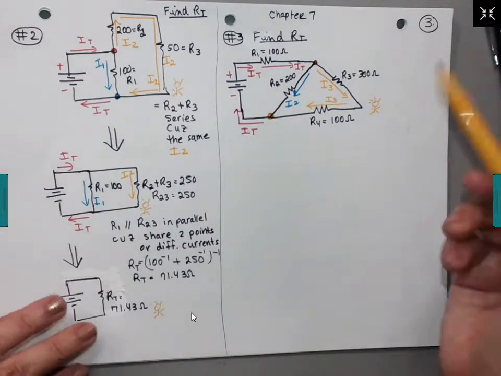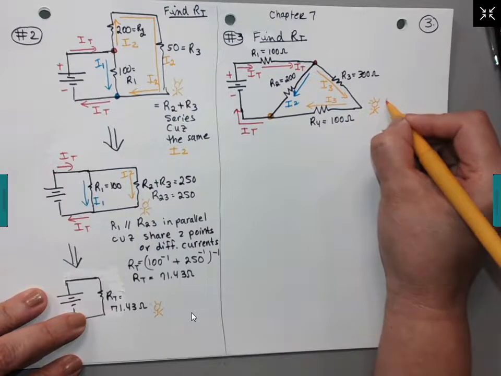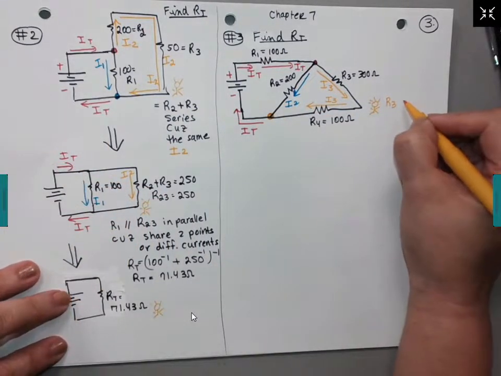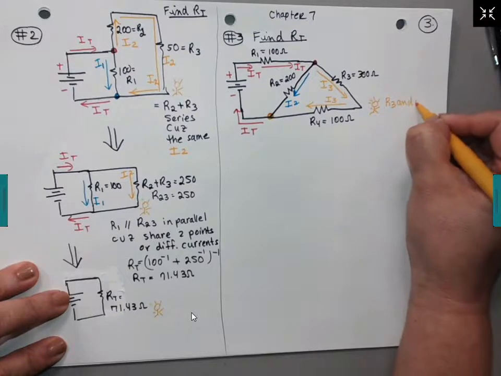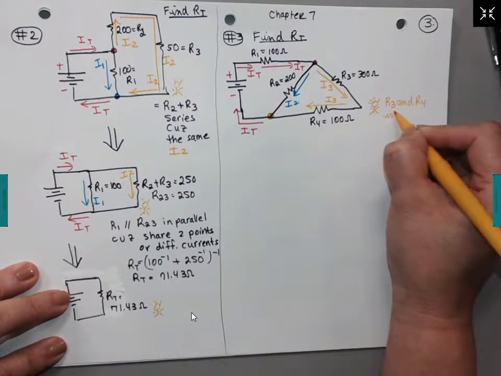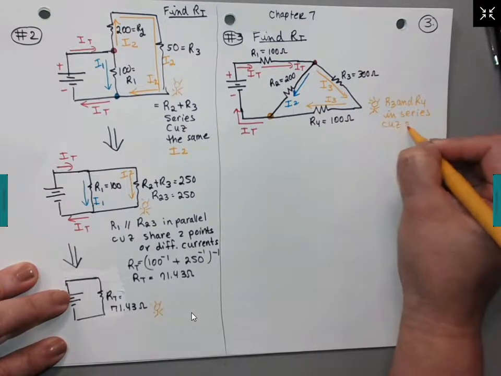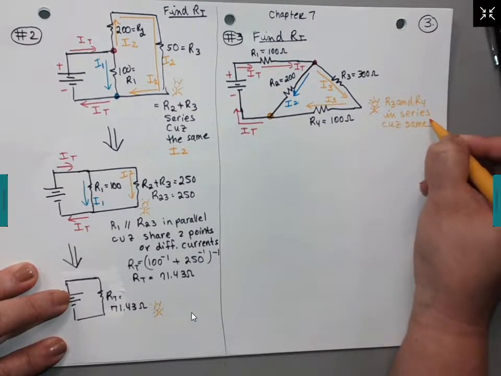Therefore, the little guy is telling me that R3, you can't see that one? Yeah, you can. R3 and R4 are in series because they have the same current.